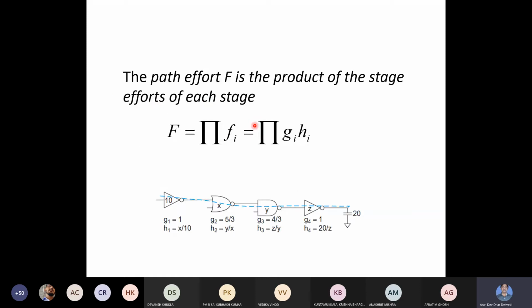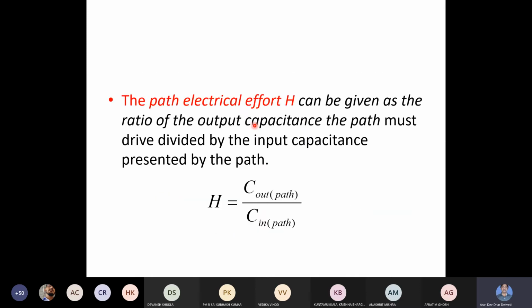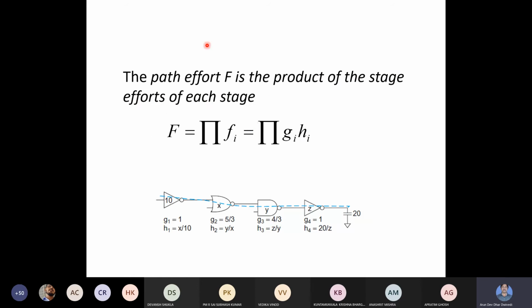And if so many stages are there, the total path effort F can be the multiplication of Fi. So the stage effort in stage i is Fi, and it should be multiplied for all the stages. Obviously Fi is equal to Gi into Hi.